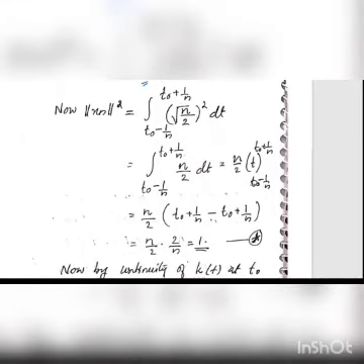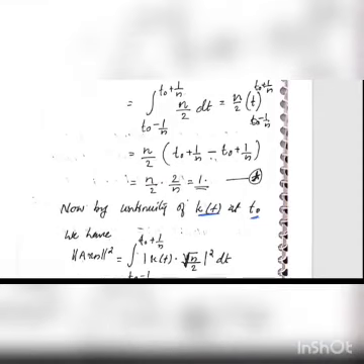Now by continuity of k of t, we assume that k of t is continuous at t naught too. So what follows is you find the norm of A x_n squared. By definition, it is the integral from t naught minus 1 by n to t naught plus 1 by n of modulus of k of t into root of n by 2, squared, dt.